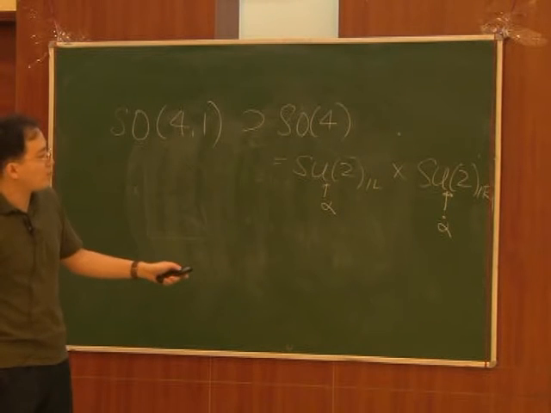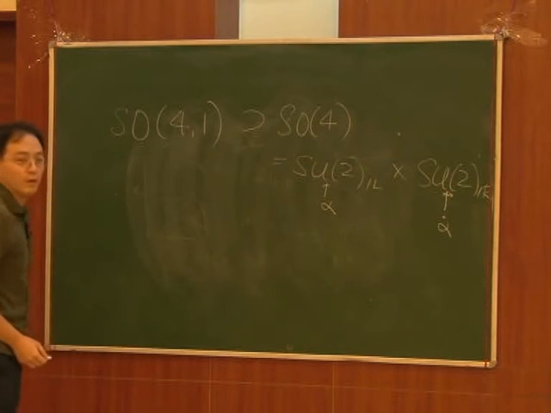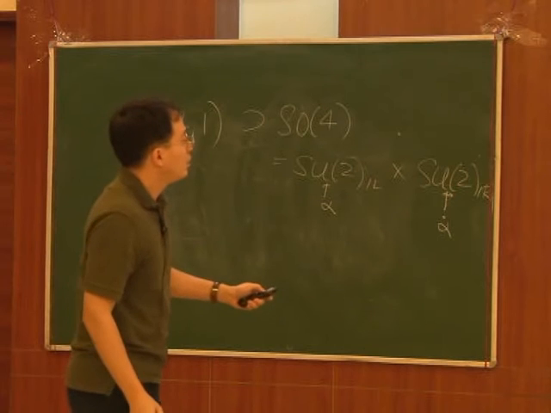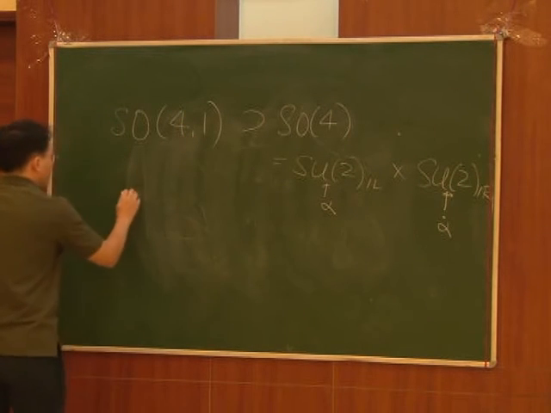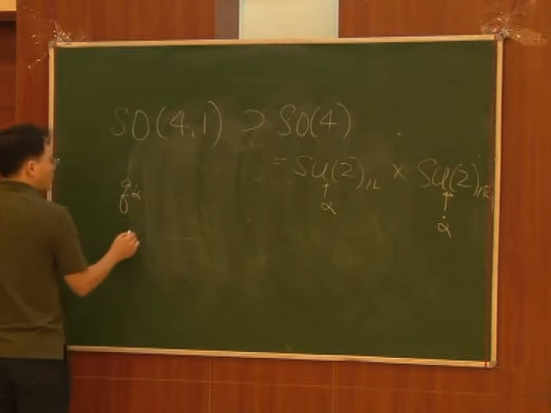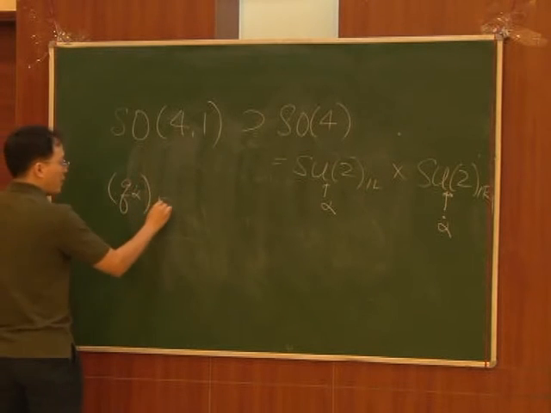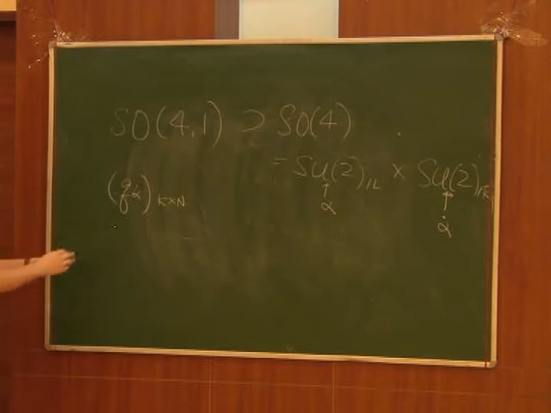Q is a bosonic variable, and each one is a K by N matrix. So these are the scalar modes which correspond to the D0-D4 strings.